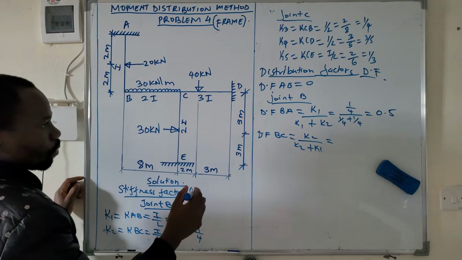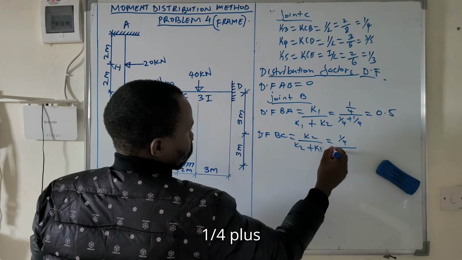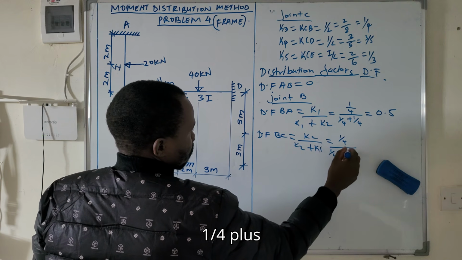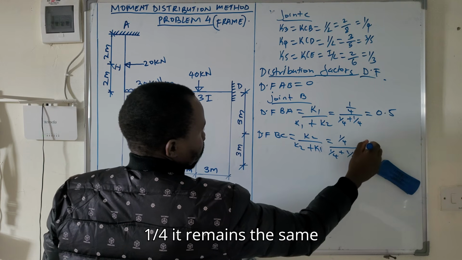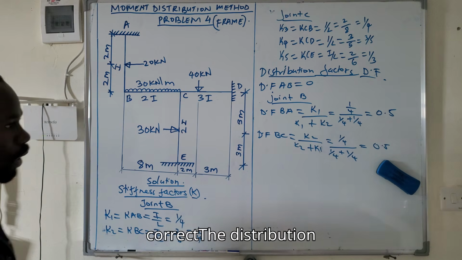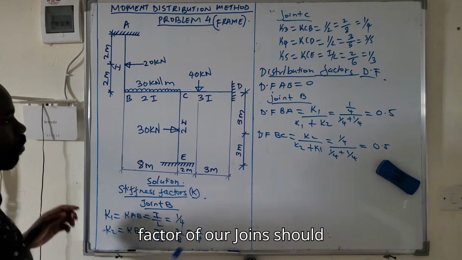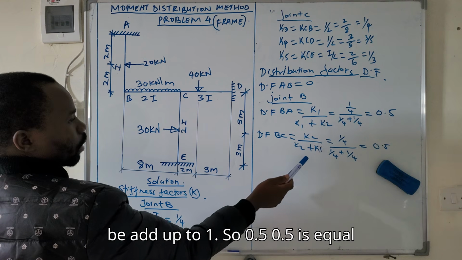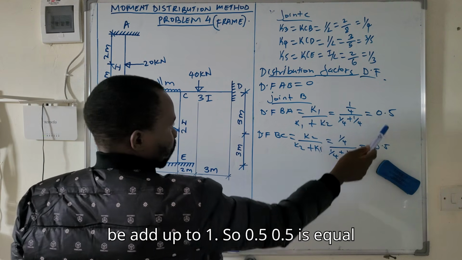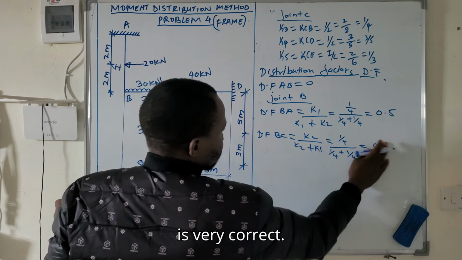So K2 is 1 over 4 over 1 over 4 plus 1 over 4. It remains the same, 0.5. If you want to know if you are correct, the distribution factors of a joint should add up to 1. So 0.5 plus 0.5 is equal to 1. So our answer is correct.